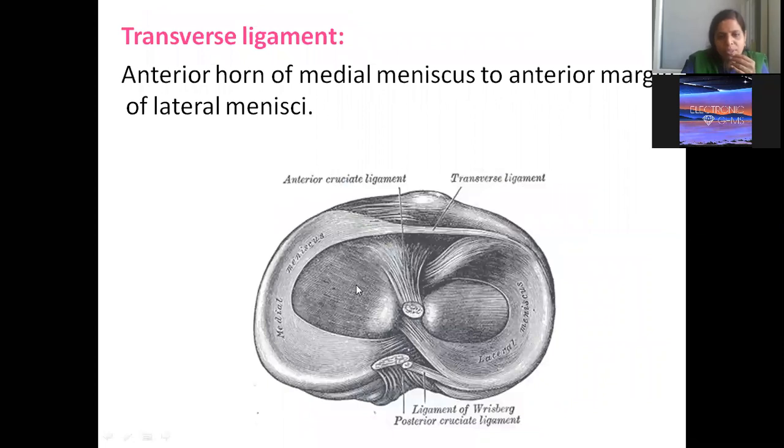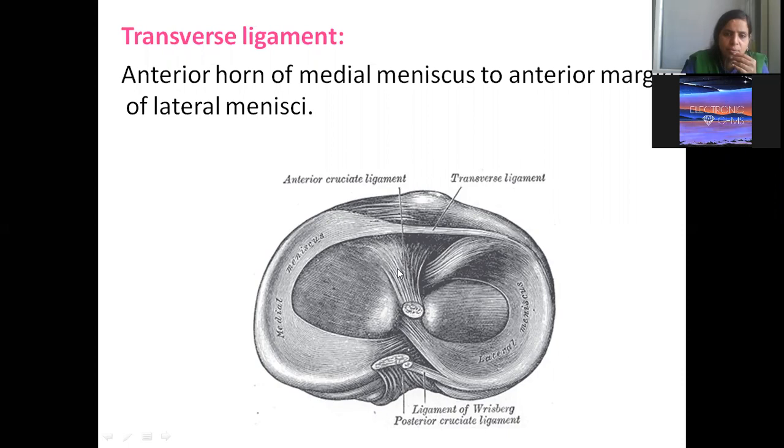So now see, bridging these two menisci. This is the tibial tuberosity. That means this is the superior aspect of the tibia bone. Always you should look at this tibial tuberosity to identify this as the anterior end and this as the posterior end. Anterior to posterior. Okay. Then this is the medial meniscus. This is the lateral meniscus.